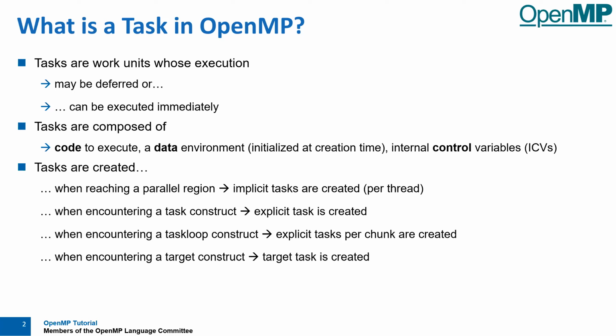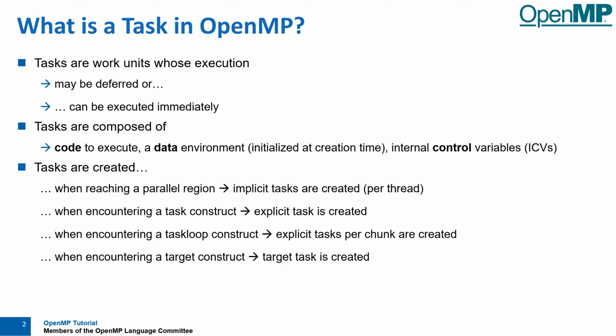Since that unit of work may be executed later in time, it also needs to carry everything needed to execute it. So the task also has a data environment associated with it, so that the code has its data environment available when OpenMP attempts executing that task.